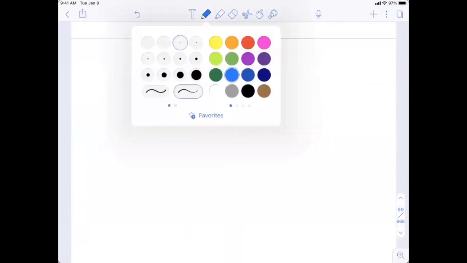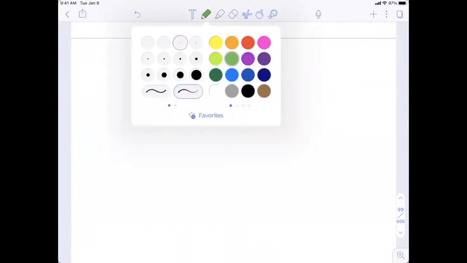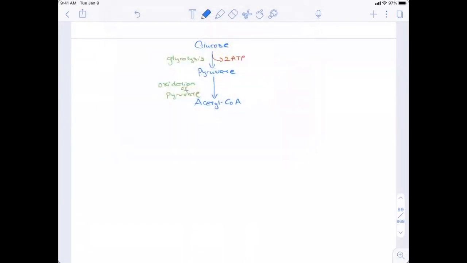That step is called the oxidation of pyruvate. Okay, when we change pyruvate to acetyl-CoA, it's called the oxidation of pyruvate. Now, the whole beauty of having acetyl-CoA is that acetyl-CoA can bring us to our citric acid cycle, your Krebs cycle, okay?